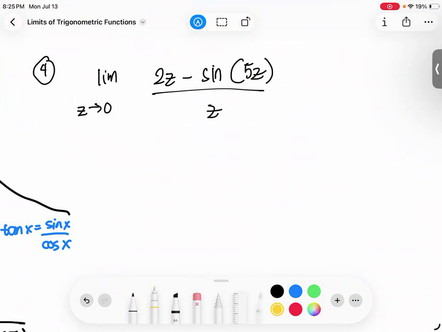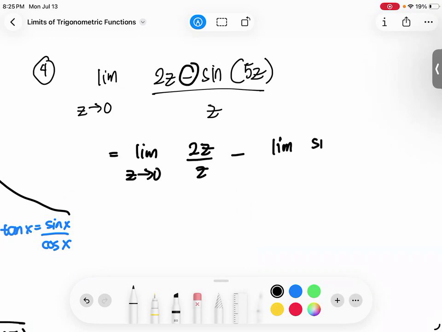We can separate this into two limits through this subtraction symbol. So this is the limit of 2z over z as z approaches 0 minus the limit of sine of 5z over z as z approaches 0.